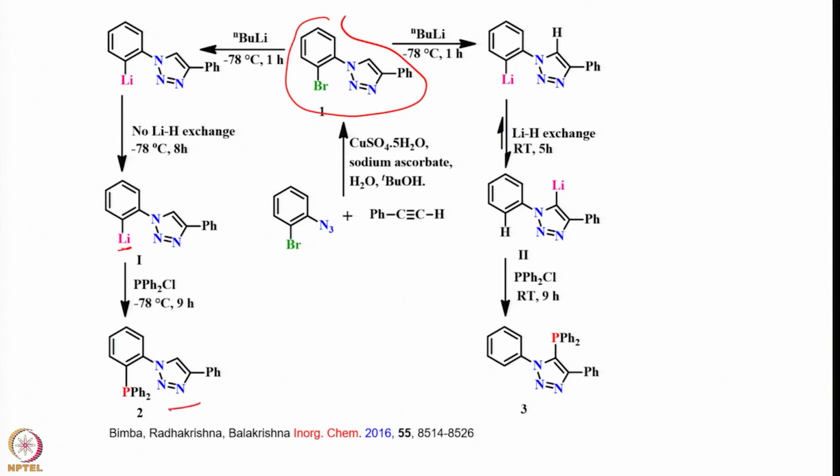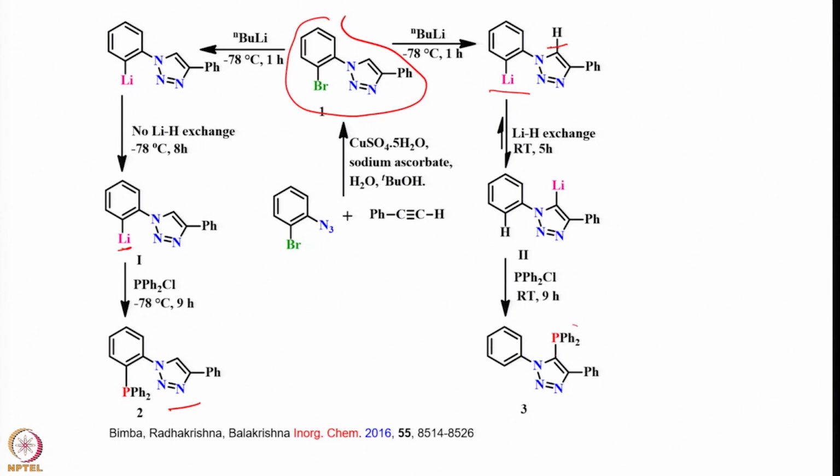But on the other hand, after adding n-butyl lithium at -78°C, it initially forms this one, and if it is warmed to room temperature for the addition of chlorodiphenylphosphine, the moment it is warmed above -78, that means when it starts warming up and attaining 0°C or coming to room temperature, lithium exchange takes place with this one, and then lithium will move here and H will move here, and then if we add chlorodiphenylphosphine, it goes to the triazolic carbon.